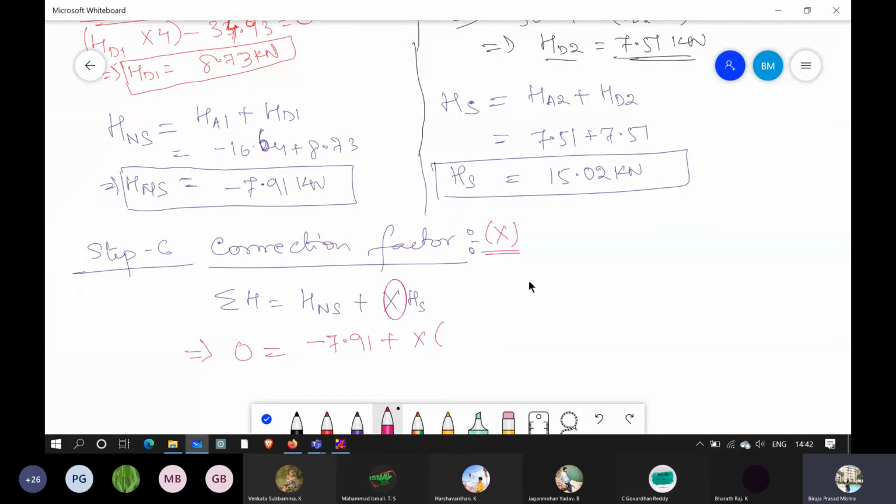So X equals 7.91 divided by 15.02, which implies X equals 0.5. If X is 0.5, the next step is we need to find out the final moments.